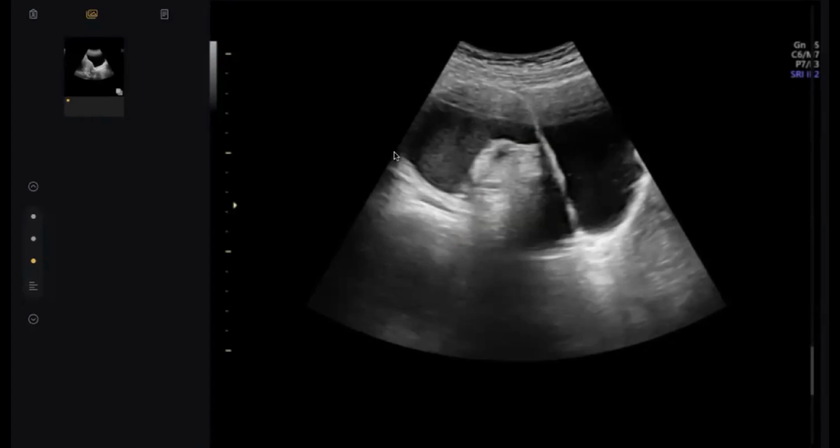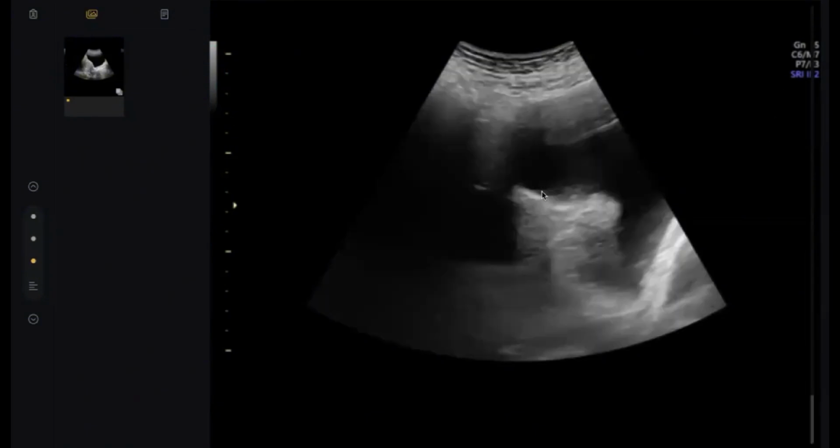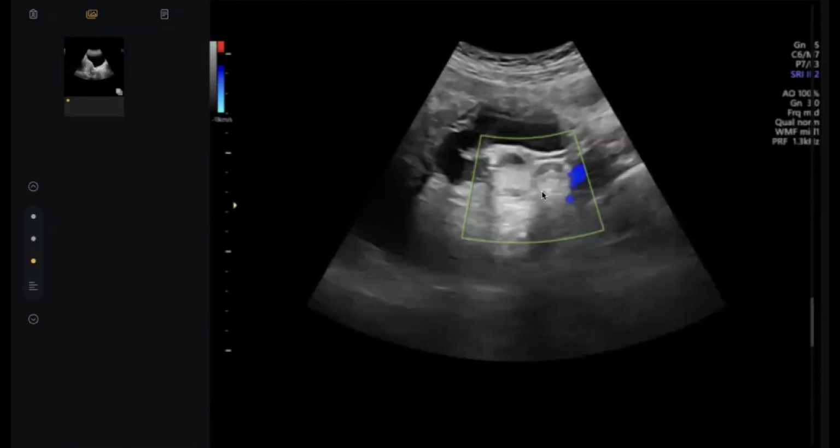Concentrate again. What is this? This is the ovary. This is a cystic lesion. What is this? This is a solid part, most probably fat. We don't know fat or not, because you told me low-level internal echoes, so you go in the incorrect pathway. What happened here?